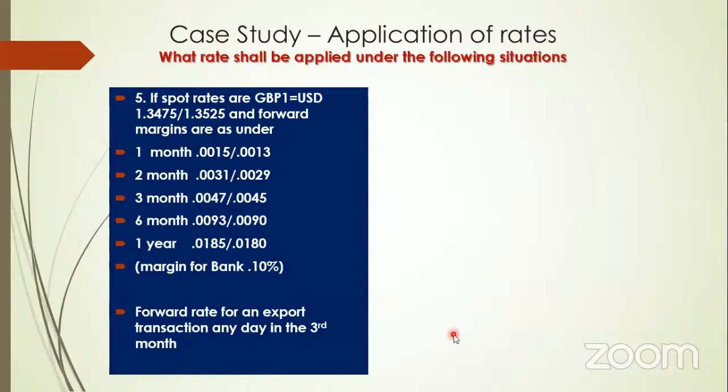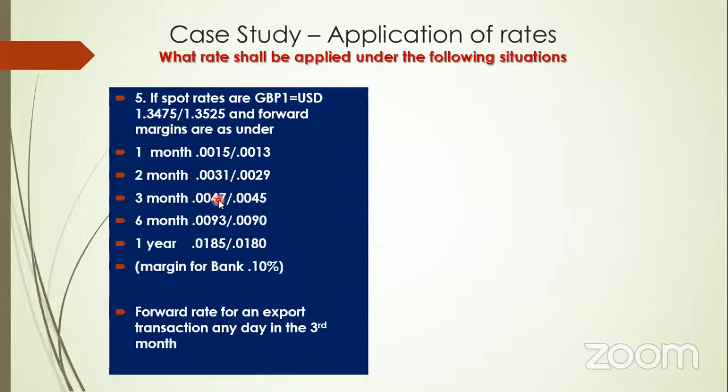Forward rate for an export transaction any day in which month? 3rd month. Now how much discount will you take into account? That is the question. Because exporter, you are going to deduct the discount, not add the premium. Very good. Somebody said up to the 3rd month.